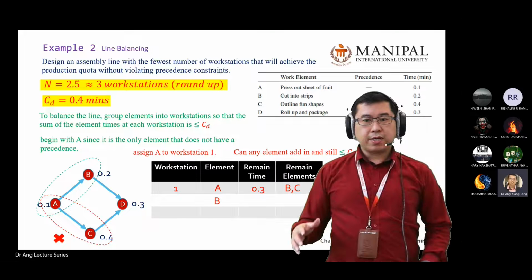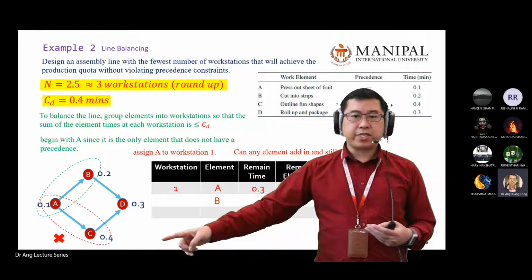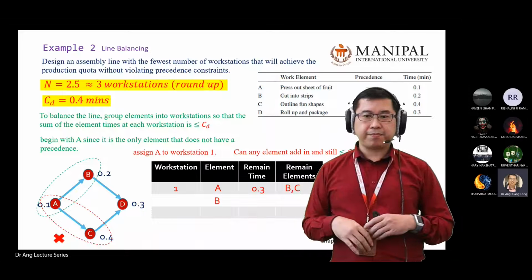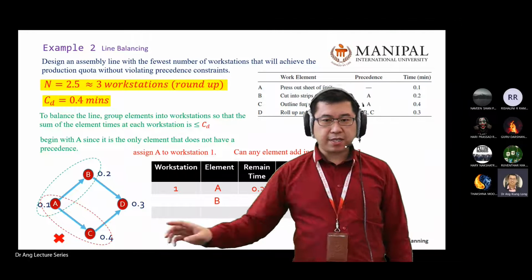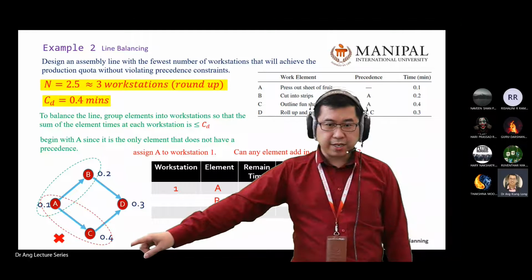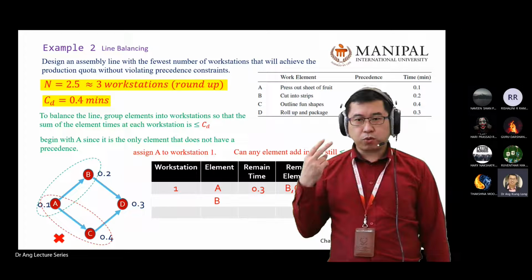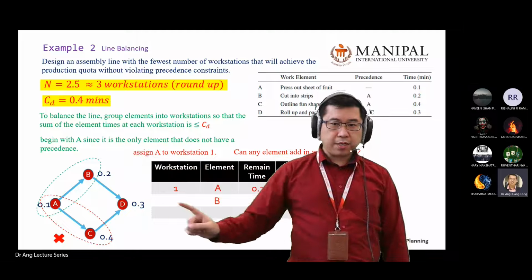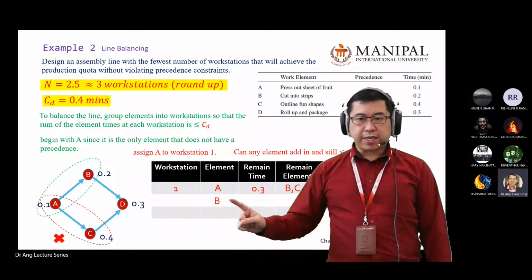Okay. So let's say you have processes competing with the same time. Let's say your C is 0.3. So you have two options: you can either put B or put C inside here.